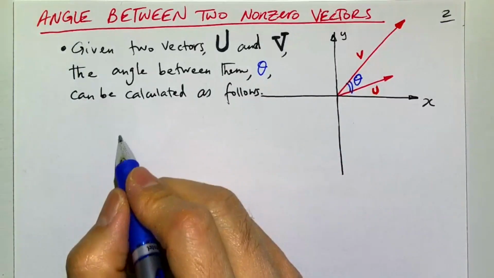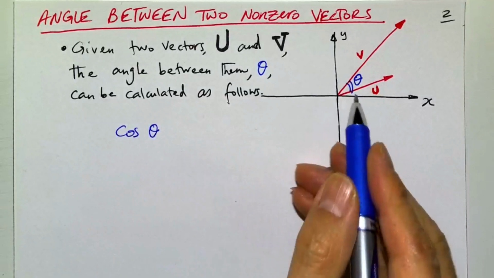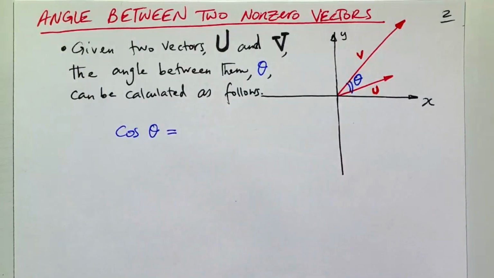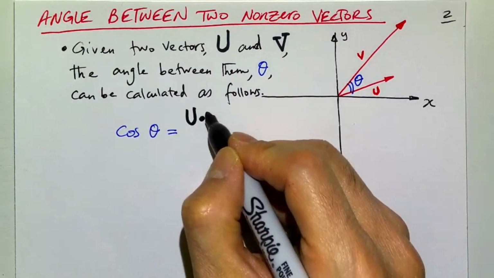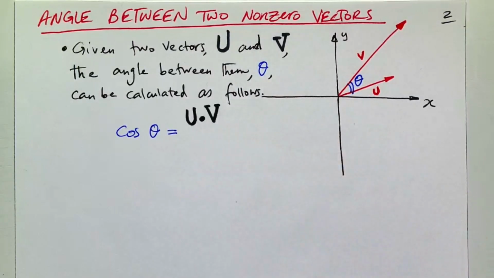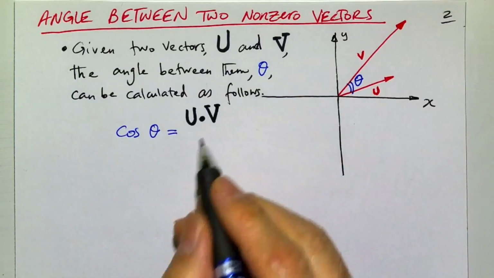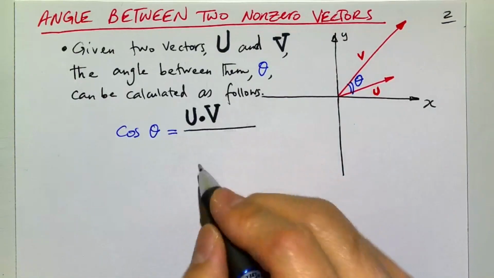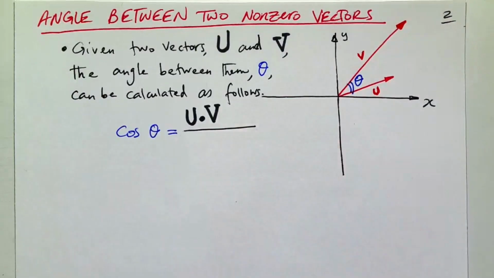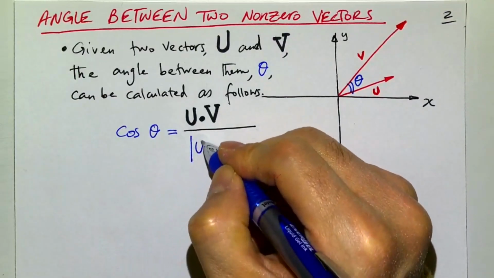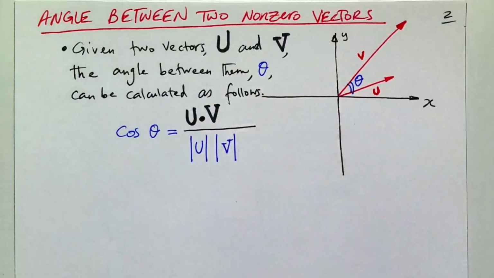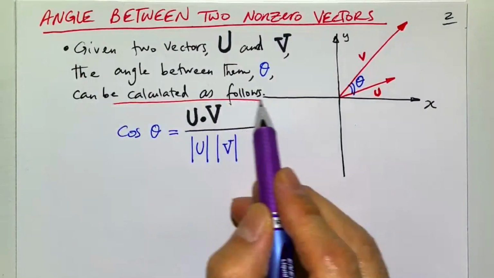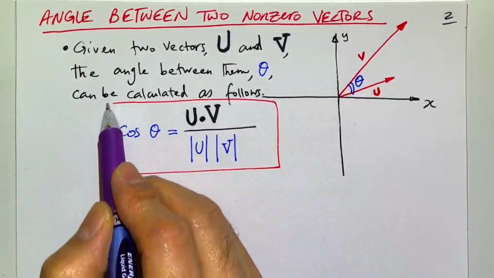So here's the formula for that. Cosine of theta, cosine of that angle, is equal to the dot product of the two vectors u and v divided by the product of their magnitudes. Okay. Very important formula.